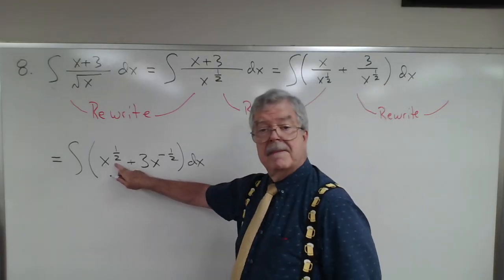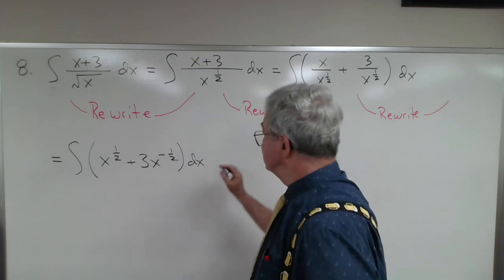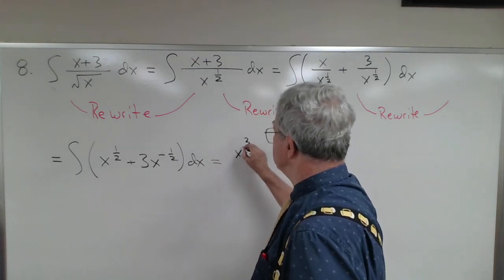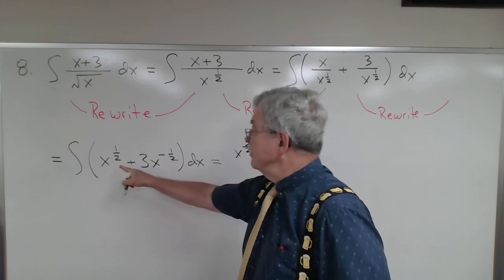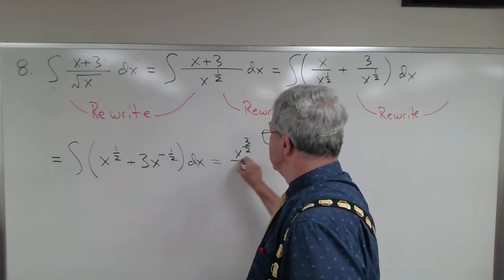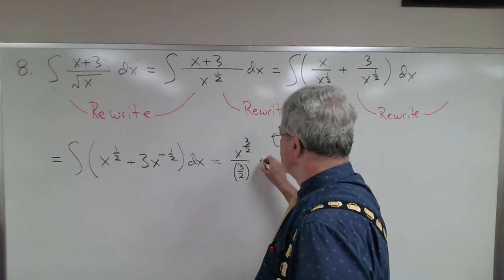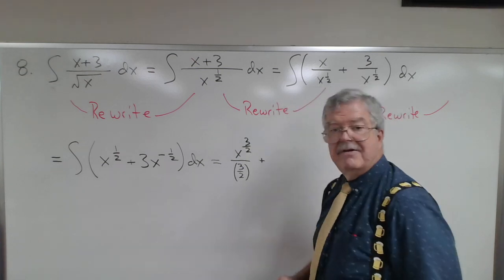First term, add 1 to the exponent. Divide by the new exponent. That takes care of our first term.